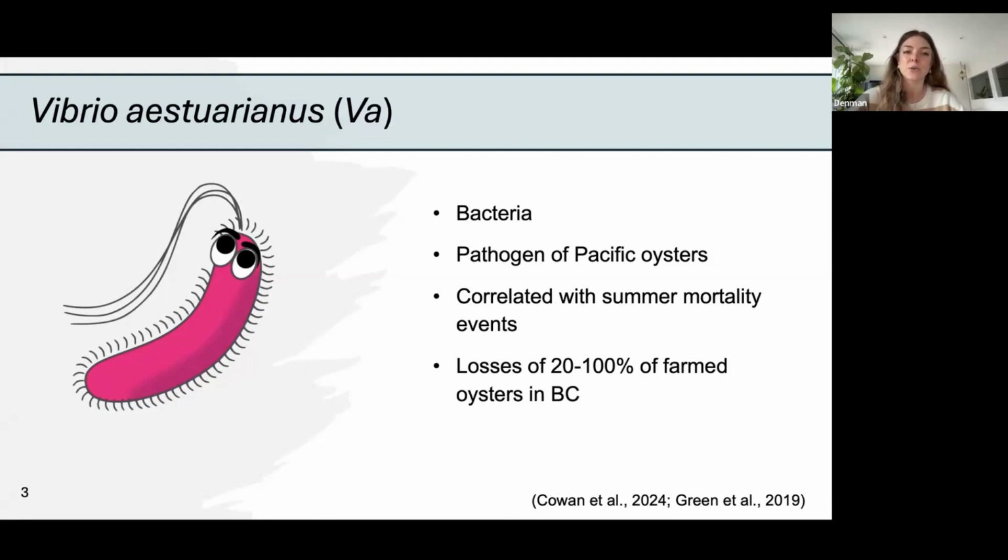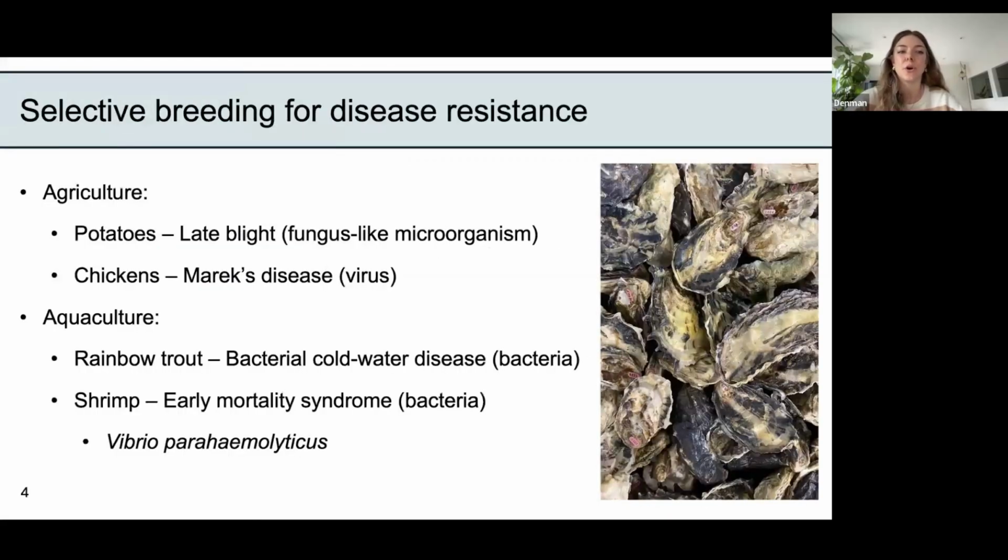So we wanted to ask what we could potentially do about this. Something that we know has been successful in the past is selective breeding for disease resistance. We've seen this across the board on different species and also against different taxonomic groups of pathogens.